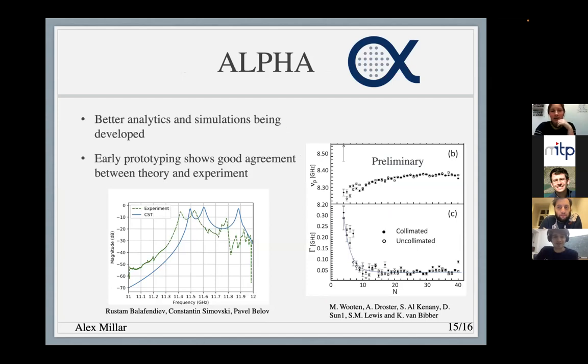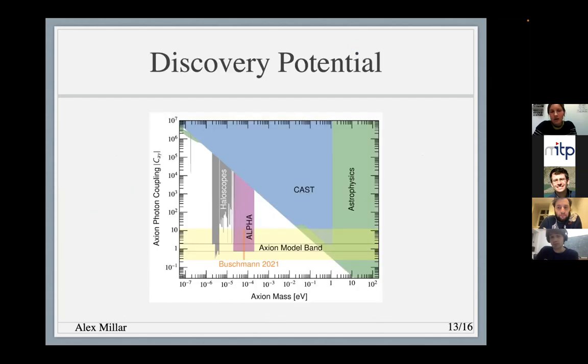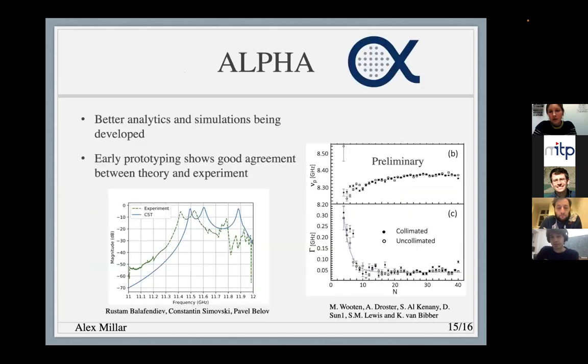Okay, go ahead, please. Yes, I have a follow-up question on whether you can resolve the halo velocity distribution. In conventional cavity haloscopes, up to now, I understand that the quality factor is always less than the dark matter axion quality factor.